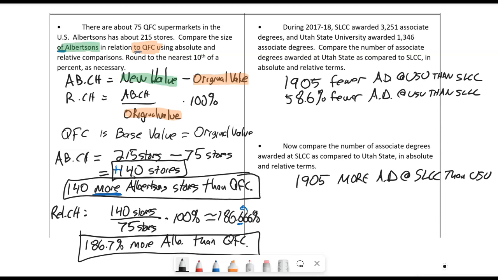But what changes, because the denominator of the relative change is the original value, the base value, and here they're switching base values, the percent's quite a bit different: 141.53%.